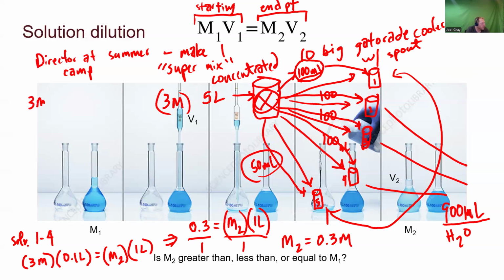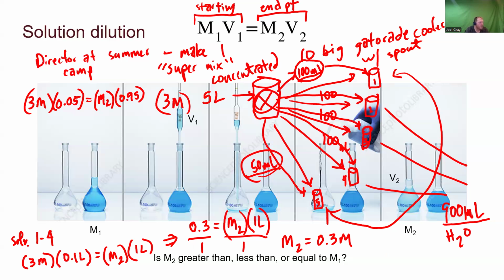3 molar times 0.05, because it was 50 milliliters, equals M2 times, and our total volume here is different. It's not 1,000. Our total volume is going to be 50 plus 900, which is 950 or 0.95.